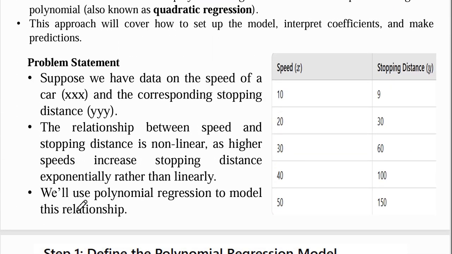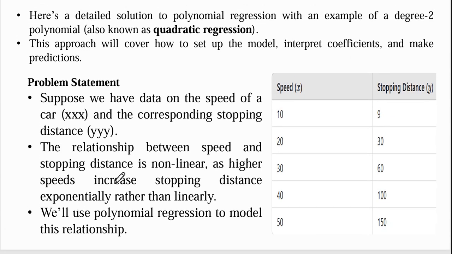Now let us try to understand this polynomial regression equation. Here I am taking degree equal to 2, and a data set with 5 observations. The independent variable is speed. The dependent or target variable is stopping distance. For example, I want to predict the stopping distance if we are moving a particular car with some speed, so the stopping distance depends upon the speed of the vehicle.